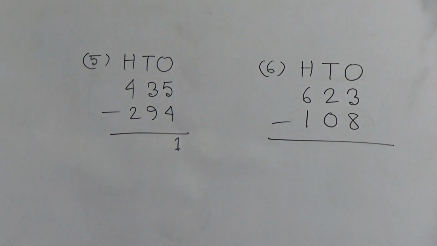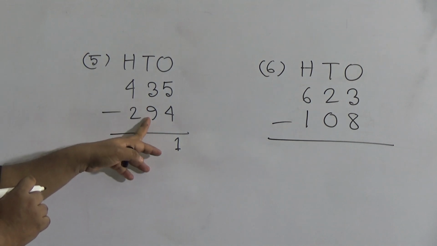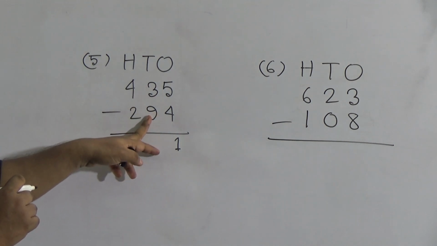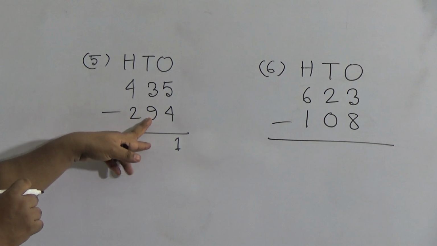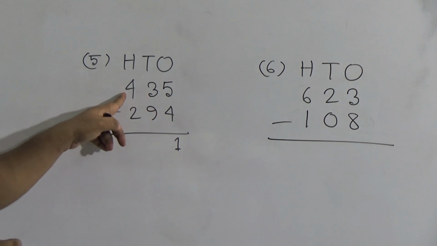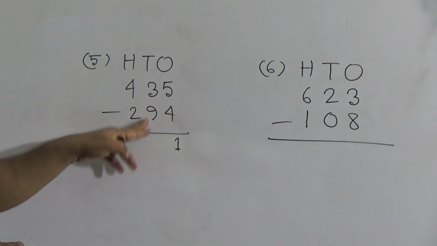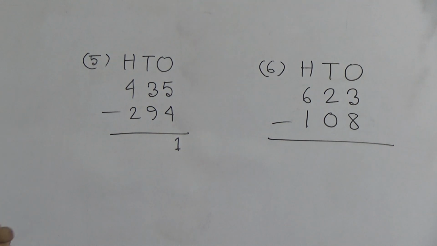Okay. Next, 9 to 13. 3 and 9. This time you notice 9 is bigger and 3 is smaller. For these reasons we take 1 from this 4 and it will be 13. And now we subtract 9 from 13 and count 9, 10, 11, 12, 13.